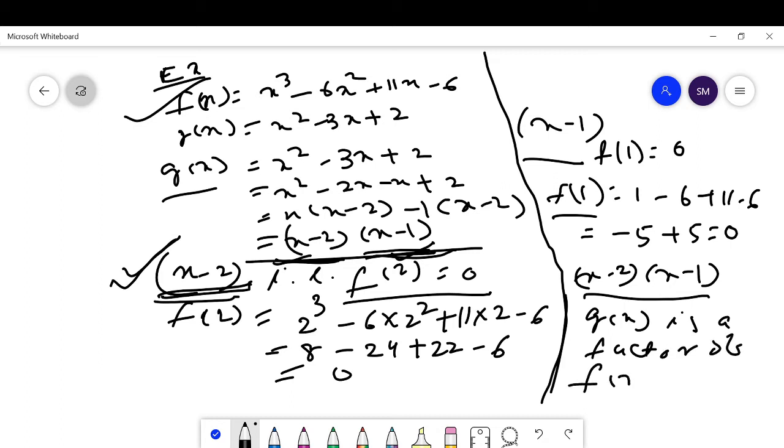This means g(x) is completely divisible by f(x).